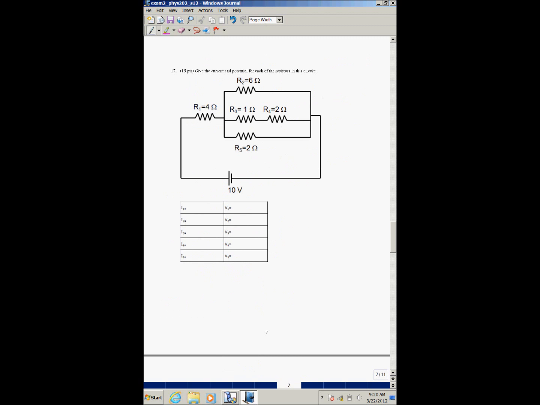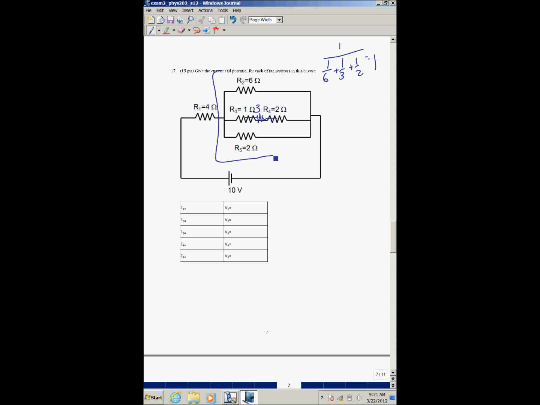Alright, so for this one, you first want to find the equivalent resistance. This 1 and this 2 combine to give me a 3 ohm resistor, and then the 6, 3, and 2 combine to give me 1 over 1 over 6 plus 1 over 3 plus 1 over 2. That's equal to 1 ohm.